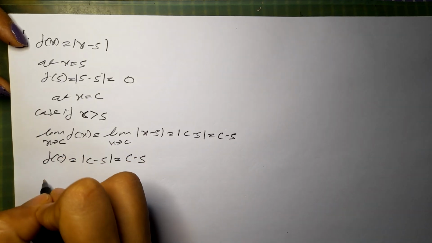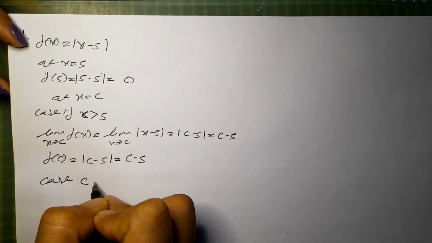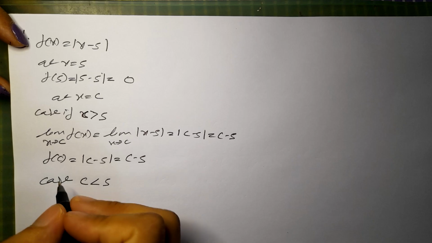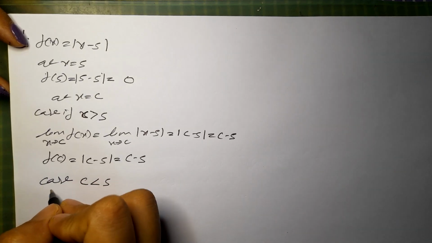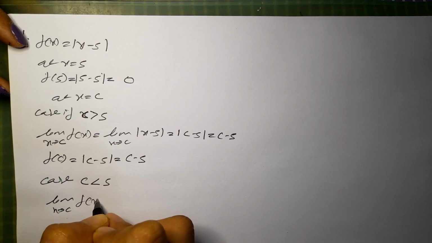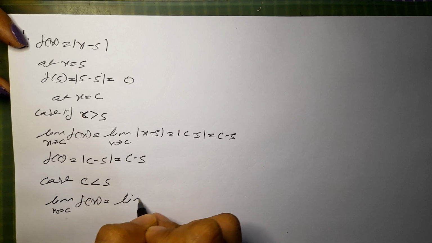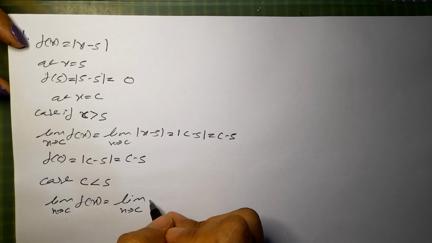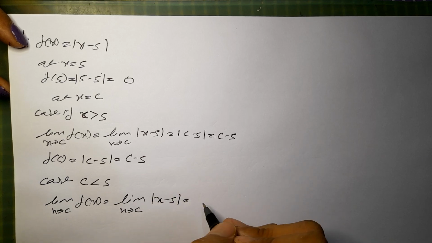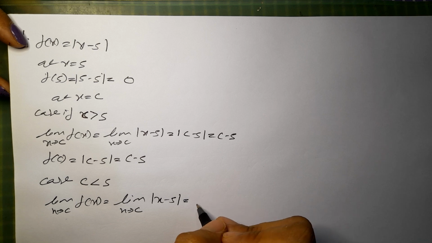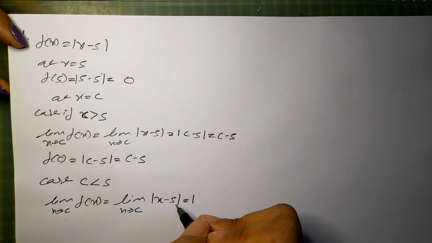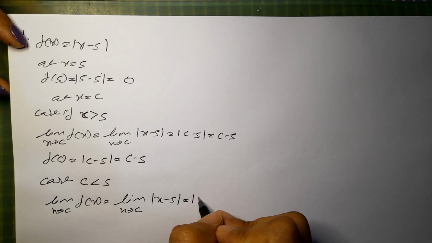Now for case 2, c less than 5. The limit as x tends to c of f of x is the modulus of x minus 5, that is the modulus of c minus 5.